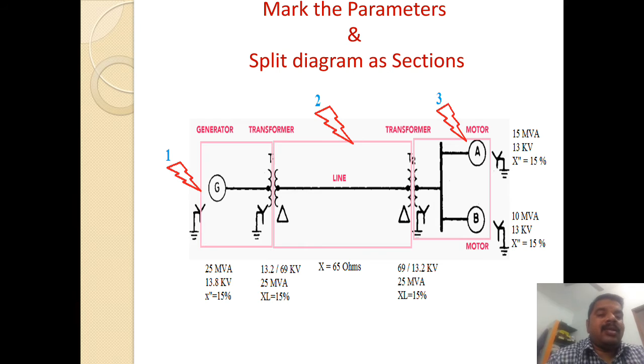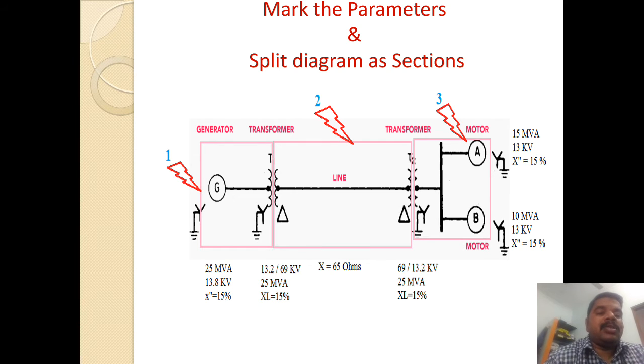Now, for section 2, transformer T1 secondary, we have to identify whether it is an LT section or HT section. The primary value for transformer T1 is 13.2 and the secondary value is 69 kilovolt. For section 2, the transformer T1 secondary value is 69 kilovolt, so we consider it the HT section.